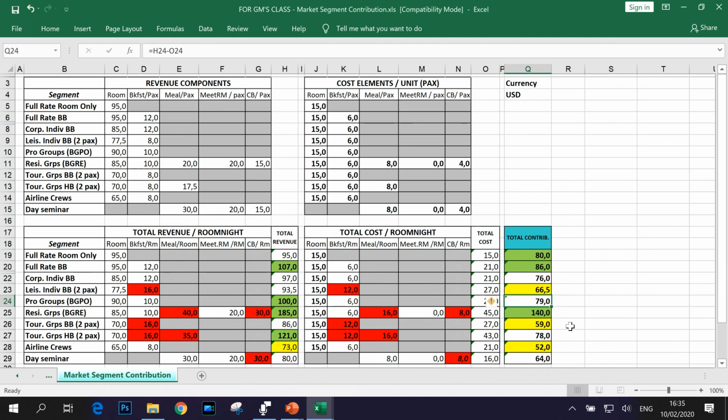So as a revenue manager or general manager, financial controller or sales director, it's very important to look into the cost element and also a total contribution made by each market segment, so that when we make a business planning or sales marketing strategy, this information and analysis result will be taken into account so that our efforts and extra sales activity will result in the performance improvement in our GOP bottom line.